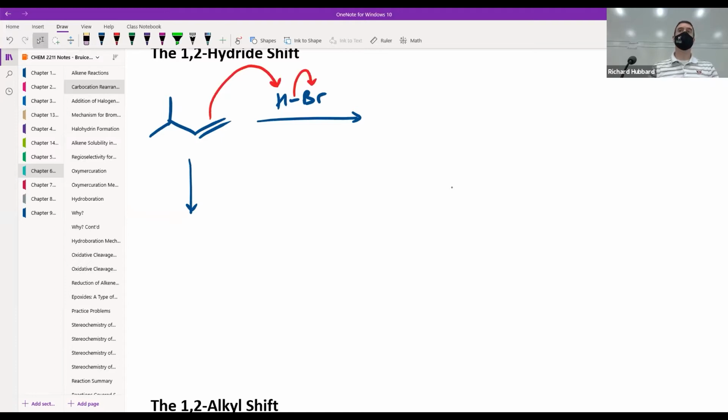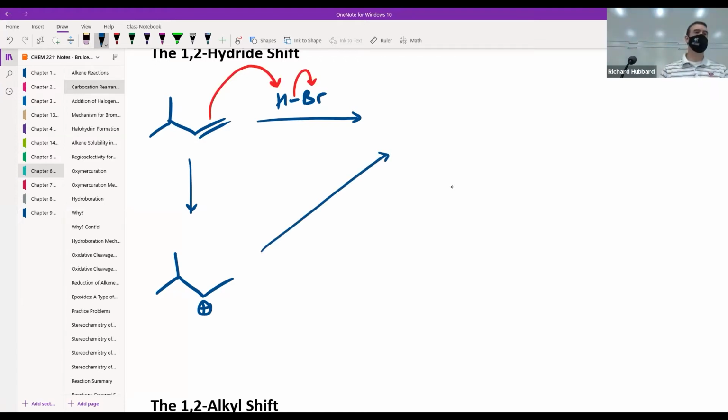Absolutely, right? Following Markovnikov's rule, we're going to form the most stable intermediate that we can, which is, we've got the possibility of forming a primary carbocation or a secondary. The secondary is going to be preferred. Okay, so we draw that out and we say there is our secondary carbocation.